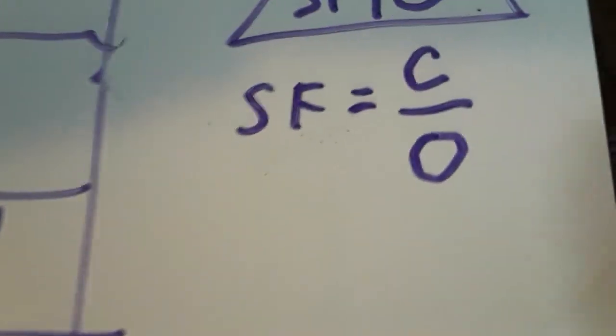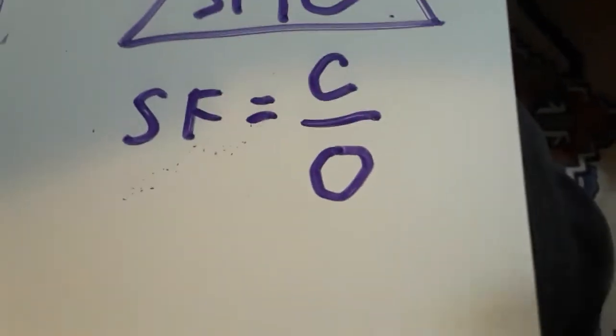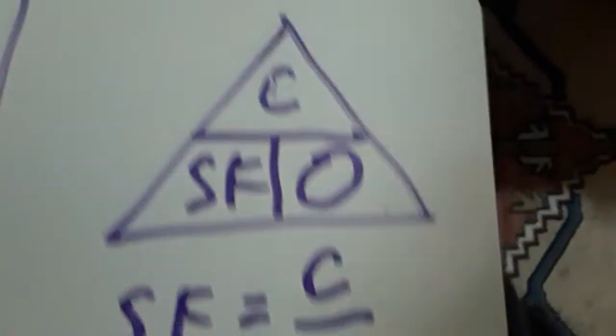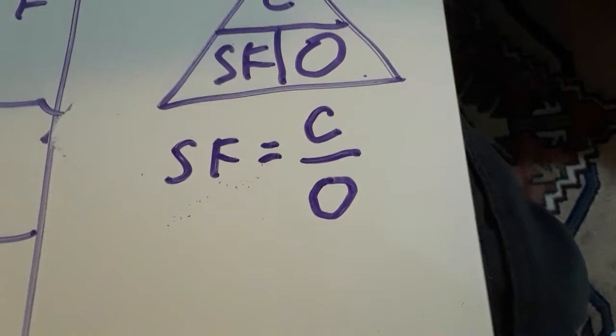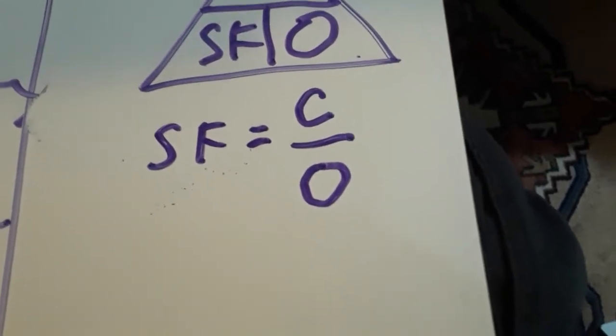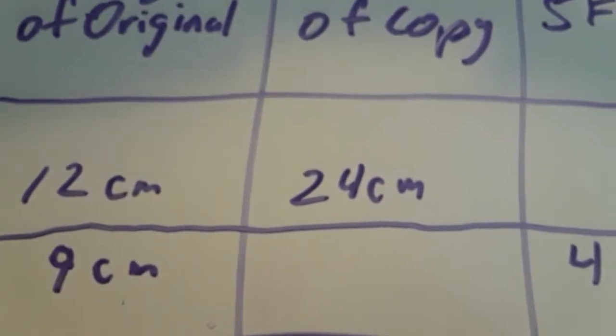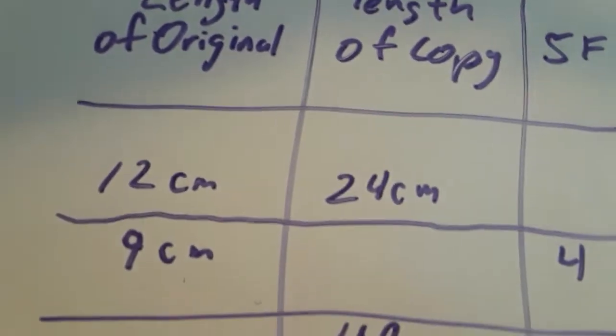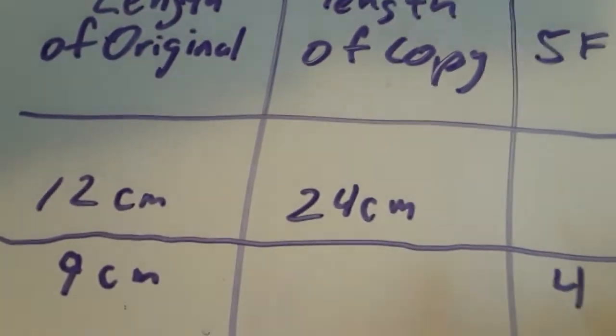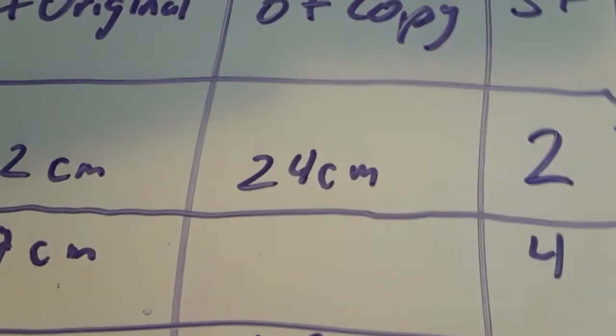We're supposed to take the copy and divide it by some part on the original. The copy is 24 and the length of the original is 12. So 24 divided by 12, the scale factor is 2.